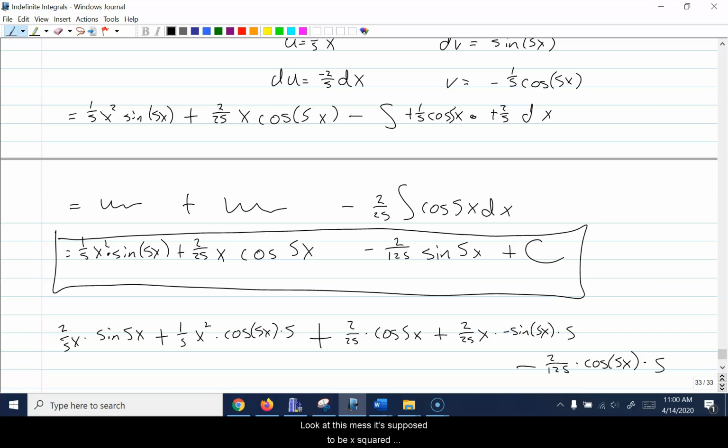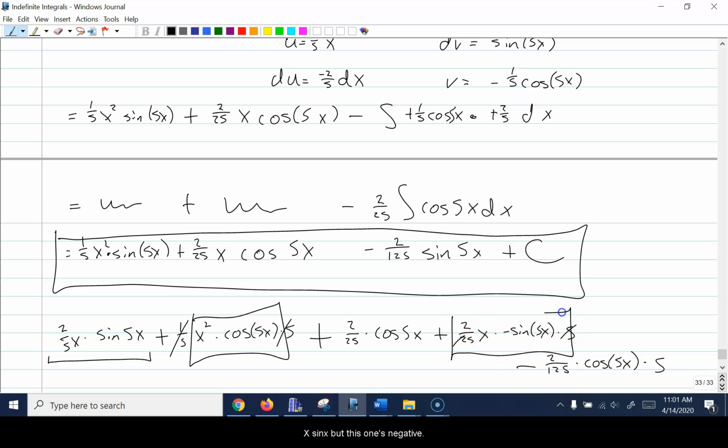Look at this mess. It's supposed to be x squared cosine 5x. Well, that cancels with that. Hey, here's our x squared cosine 5x that's supposed to be the answer. Here's 2/5 x sine 5x. Here's 2/25 times 5, which leaves 2/5, x sine 5x, but this one's negative.